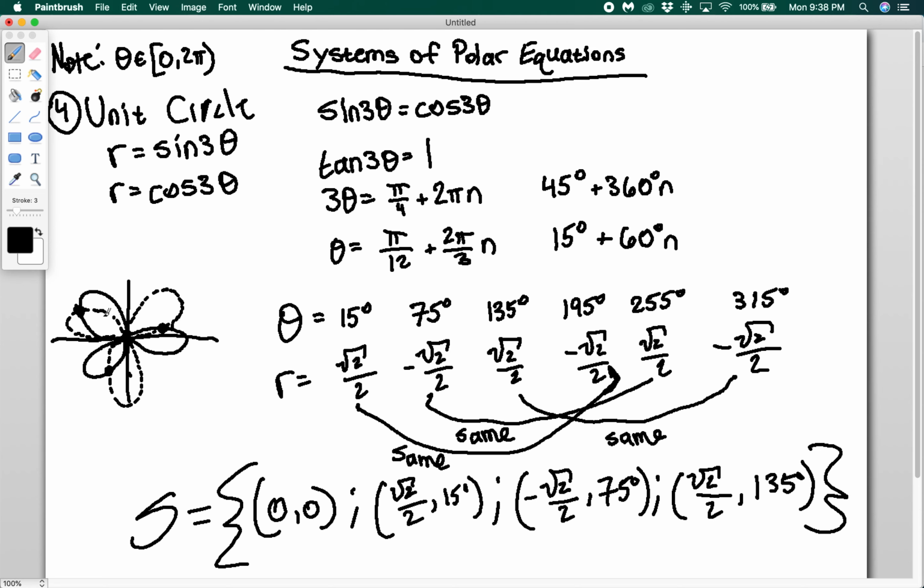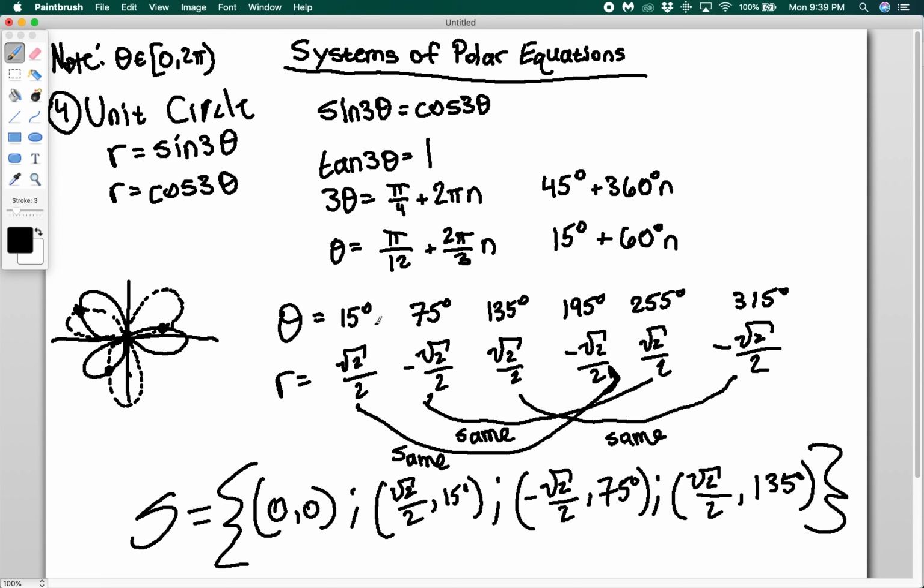Okay? And those are our 3 intersection points along with the origin. So again, you do have to actually use the graph for this as well. We're combining techniques here, where we have to recognize that it's going to intersect the pole, but then the other 3 points come from using this old-fashioned unit circle thinking to solve for values of theta and r. All right, so that's another way you can do it.